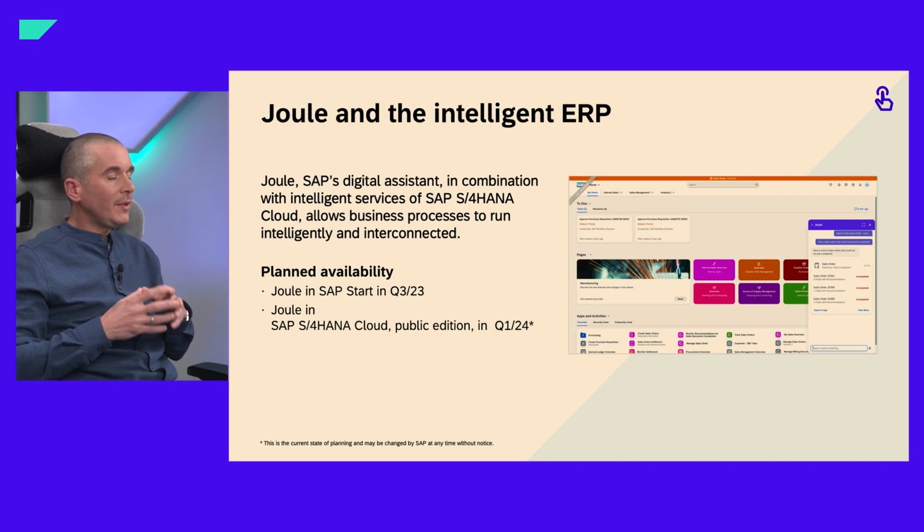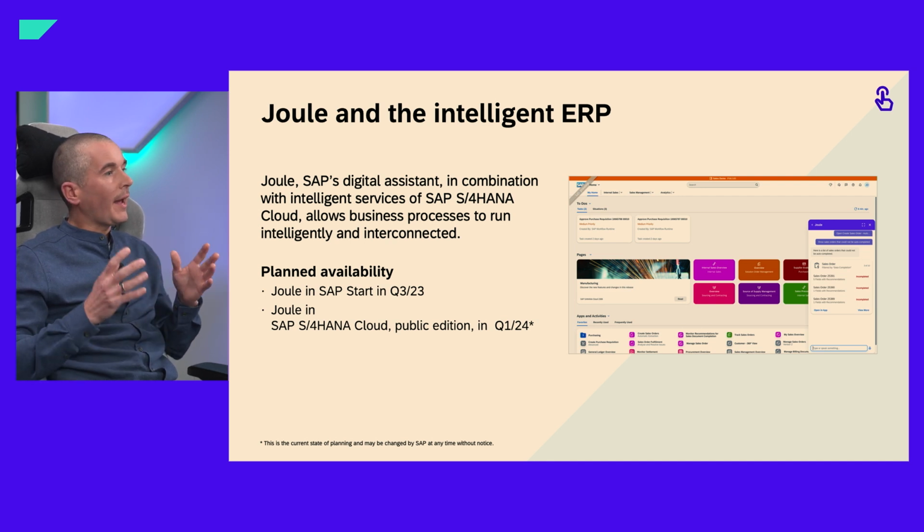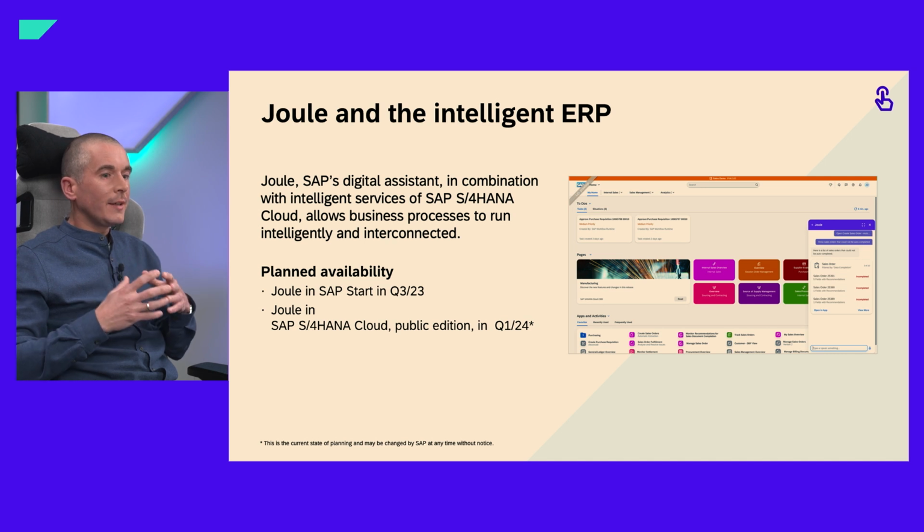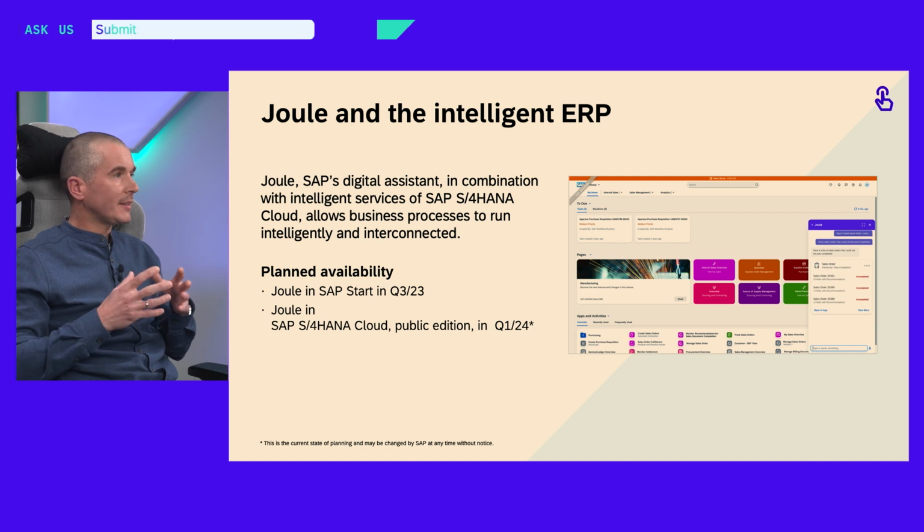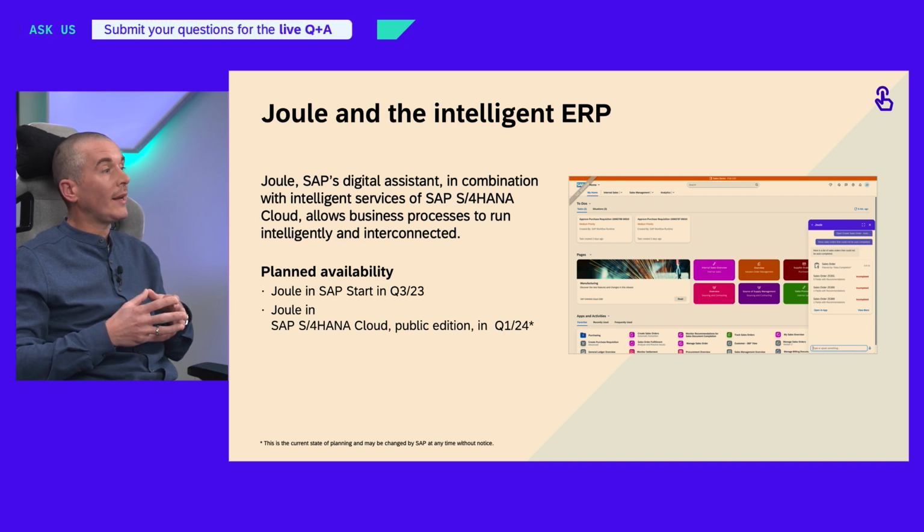Controlled availability means that customers can sign up and test out the feature in a kind of a controlled environment. As a next step, we plan to make Joule also available directly in SAP S/4HANA Cloud Public Edition. There, we target the following use cases.